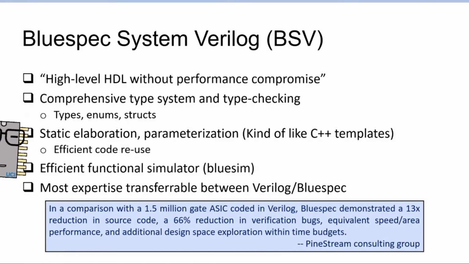It also supports higher order functions like static elaboration, parameterization, and polymorphism, kind of like C++ template functionality, which lets you have efficient code reuse and helps you write very compact code. I actually love this part about this language. And it also supports an efficient functional simulator called BlueSim.